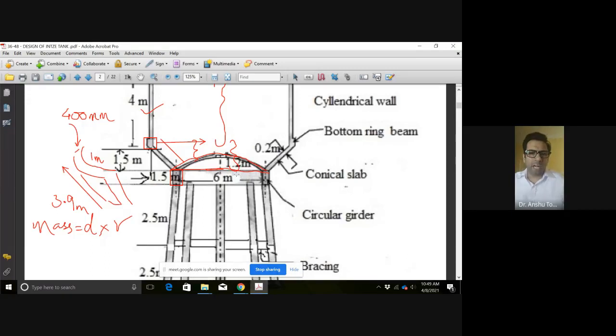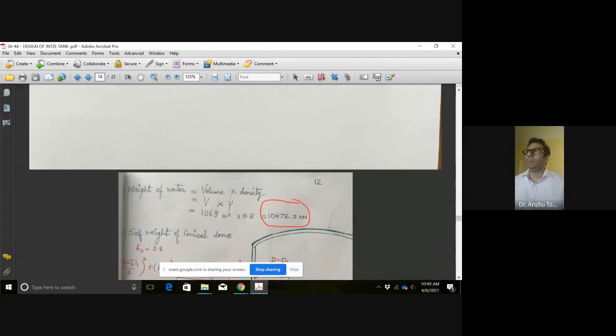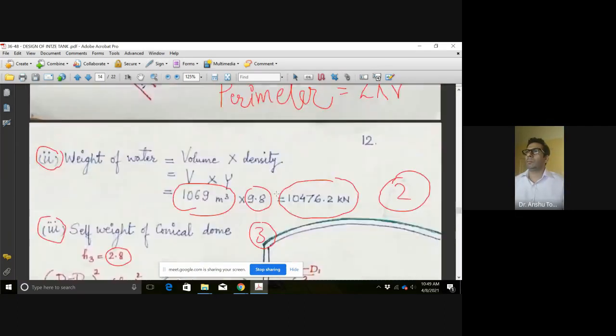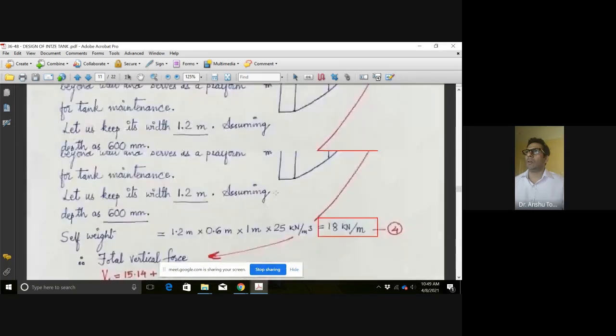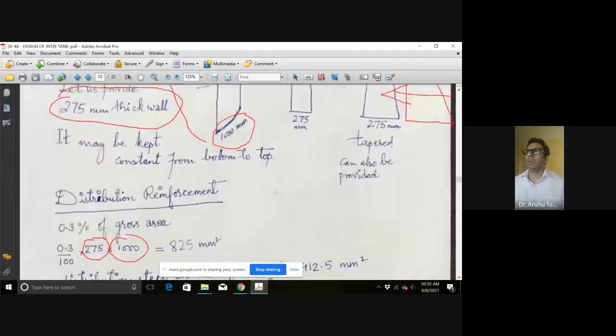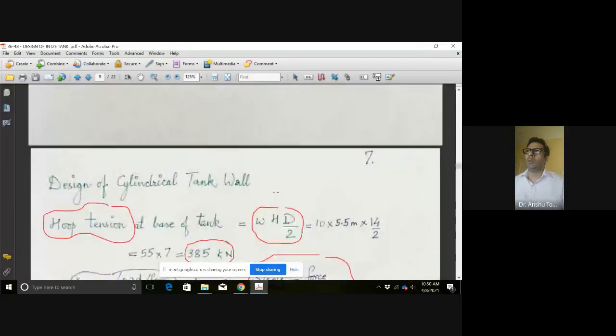This is the volume we are required to subtract from the total volume to find out the meridional thrust and hoop stress. So accordingly, as we have done the design of the dome in the first problem and in the second, even in this particular numerical only, this way we are going to do it.